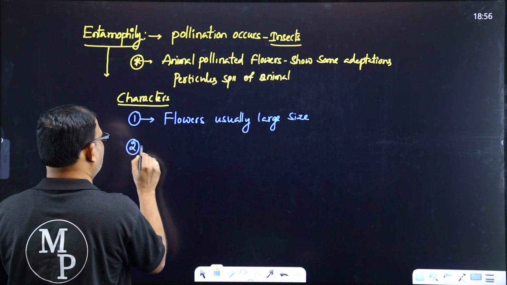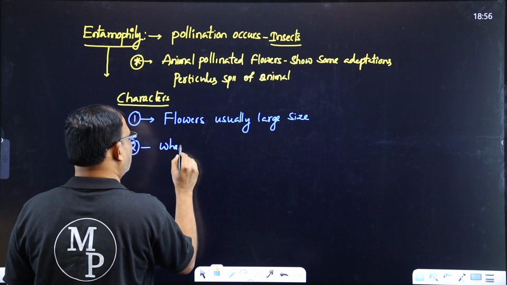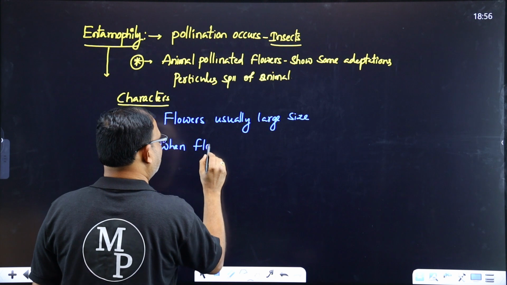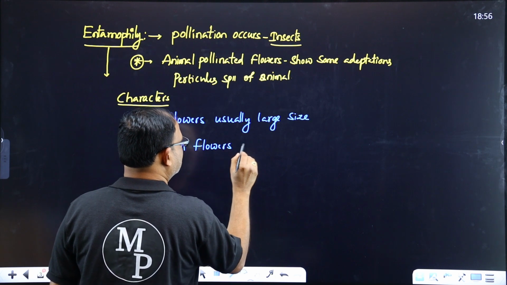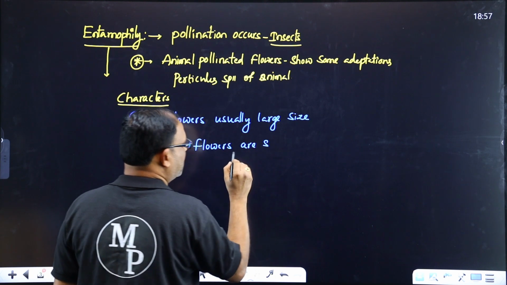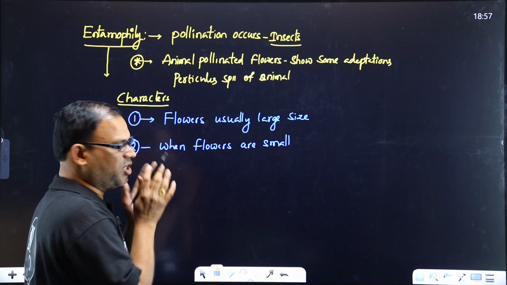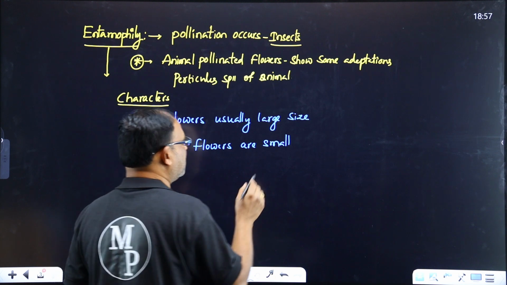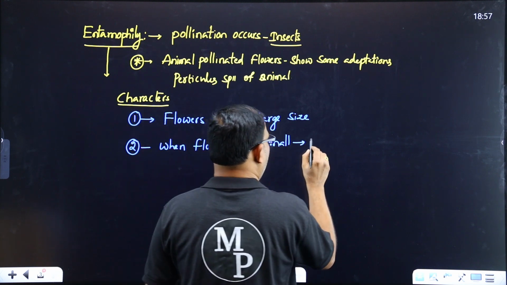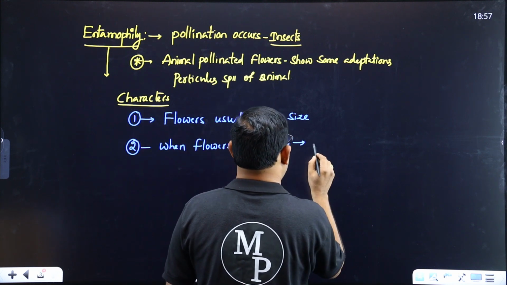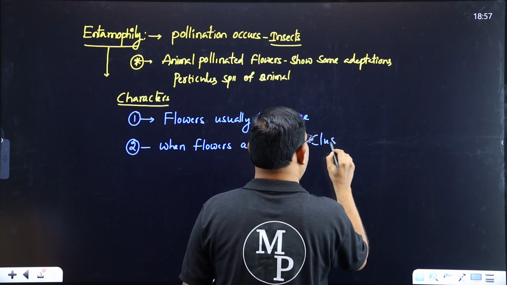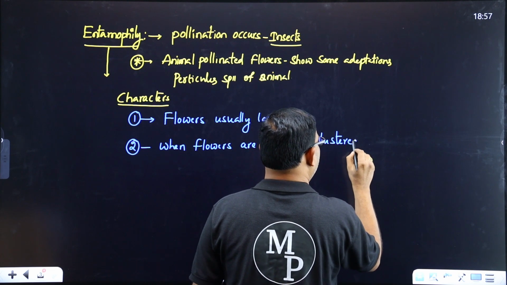Second one, when flowers are small. What happens? Flowers అన్ని చిన్నవిగా ఉన్నాయనుకోండి, అప్పుడు ఏం చేస్తాయి? All the flowers are clustered. When flowers are small, they are clustered. Clustered means aggregation.